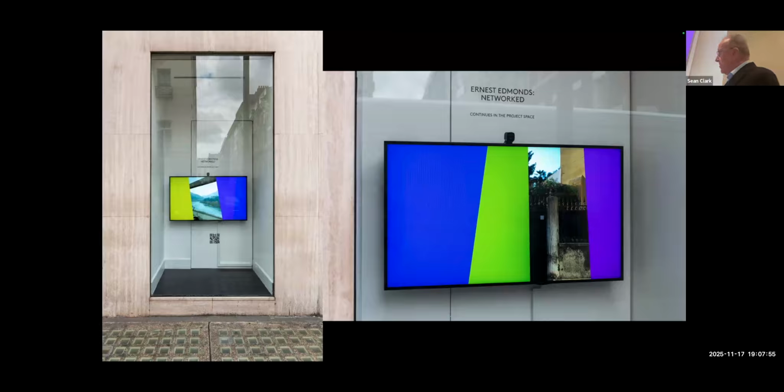You can notice that there's a camera on top of the screen. In each location, there is a node, as I call them, which has a display and a camera. The computer is analyzing the images coming in from the camera and modifying what happens according to whatever it detects in the images.